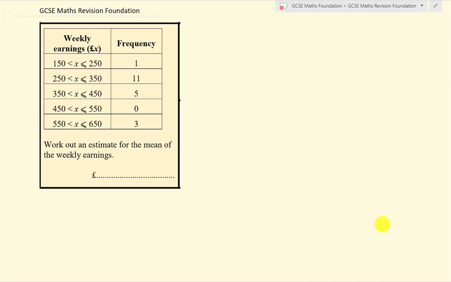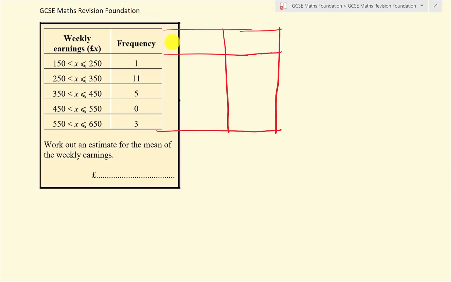Next, we have an estimate for the mean of the weekly earnings, and we have class intervals given. Now if you have class intervals, you always need to find the midpoint. So let's extend the table and add 2 more columns. Let's call this midpoint, and this one will be midpoint times frequency.